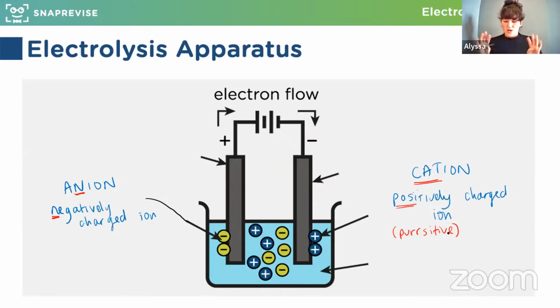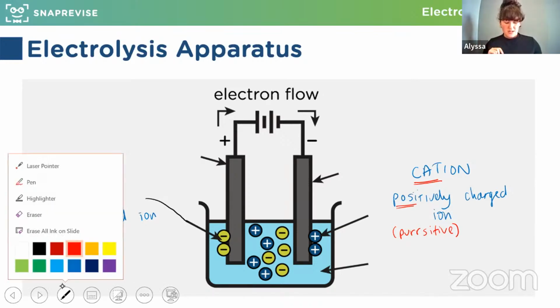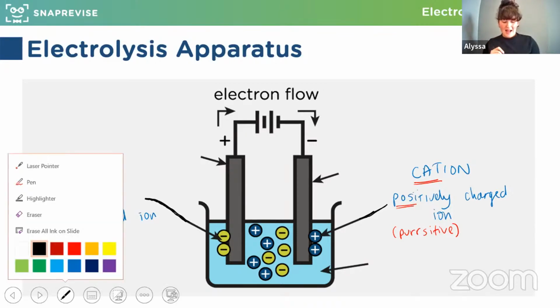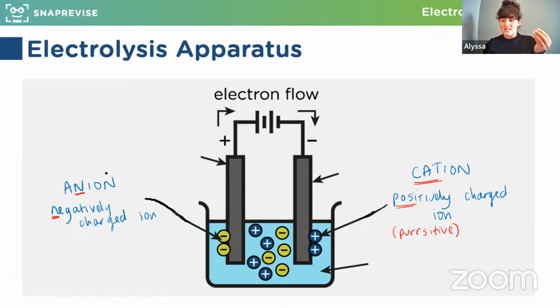Okay. Once we've got the ions sorted, then we can name the electrodes. If you can remember the name of the ion, then we can remember the name of the electrode. Anions are attracted to the anode.